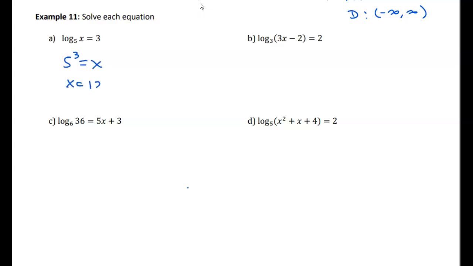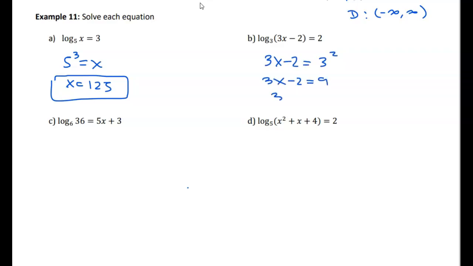So 5 to the 3 is 125, so our answer is 125. Let's look at B. Change this to exponential form. So we have 3x minus 2 is 3 to the 2. 3x minus 2 equals 9. 3x equals 11, so x equals 11 over 3.